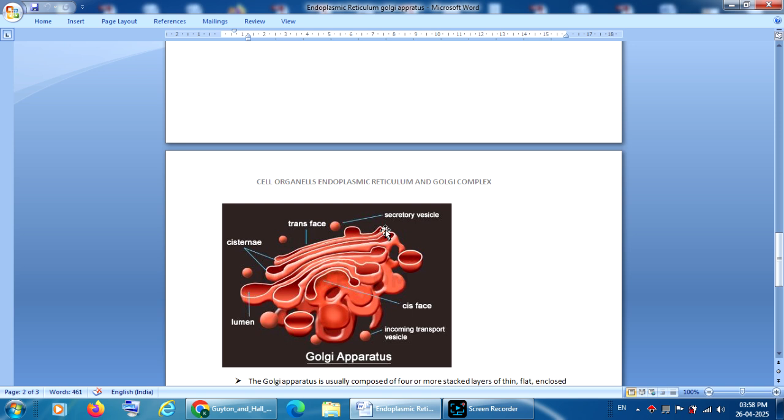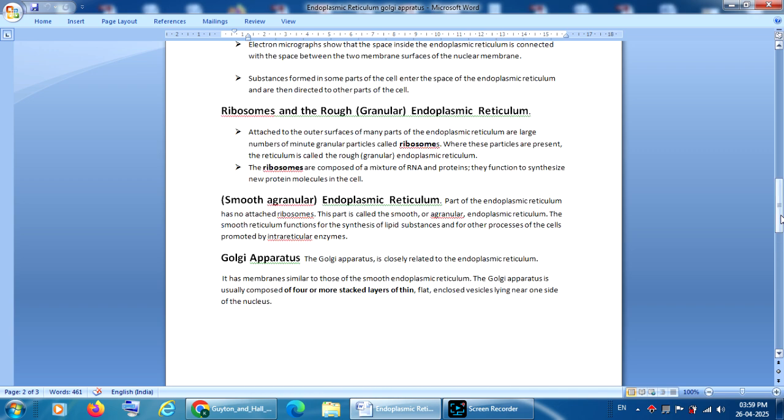These are 3 to 4 stacked layers like the smooth endoplasmic reticulum. The gap between the layers is the cisternal space, and these layers are also called cisternae. This is how the Golgi apparatus is present, just to one side of the nucleus.